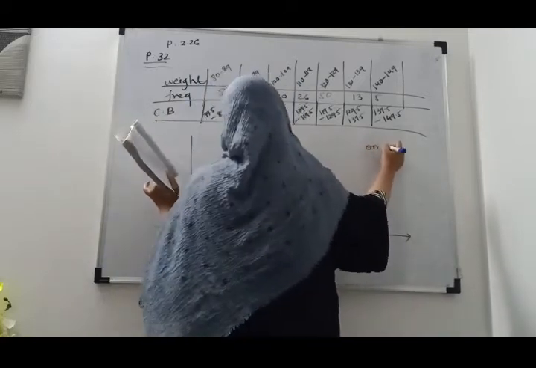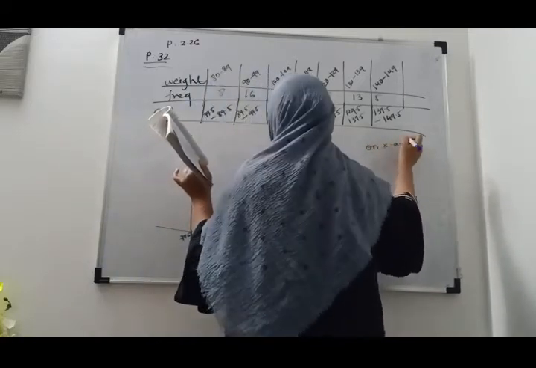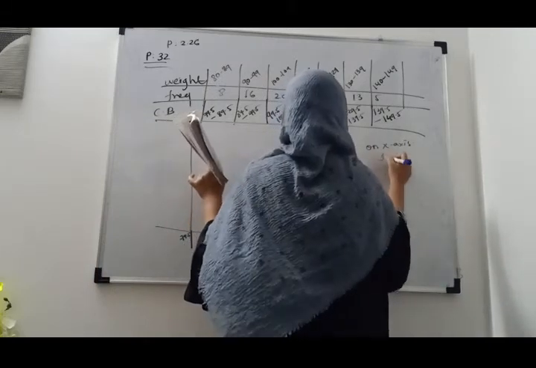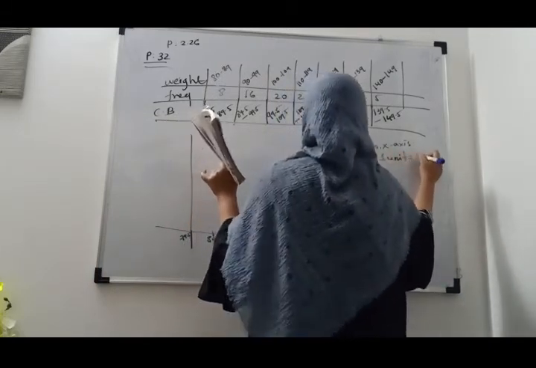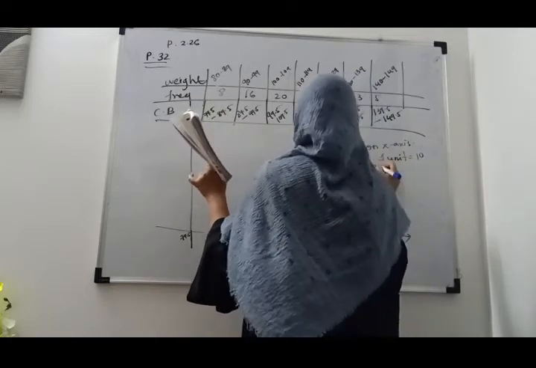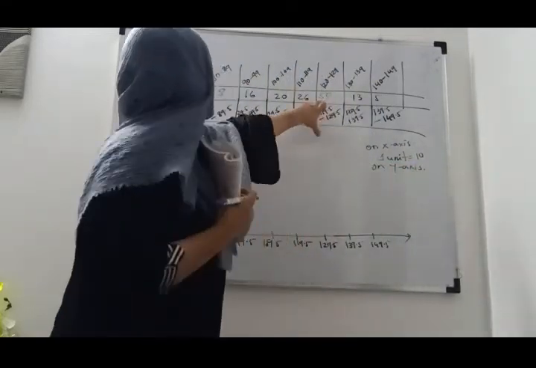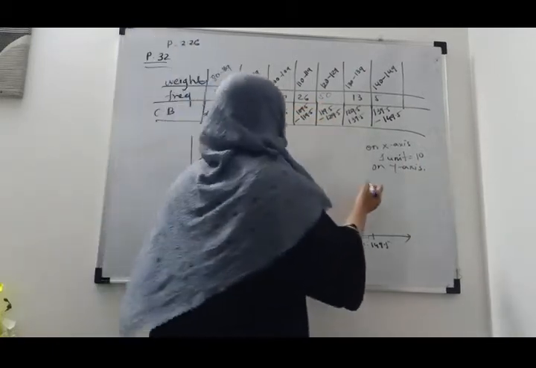On the x-axis we have taken 1 unit equal to 10, and on the y-axis, since 50 is there, we'll take 1 unit as 10.